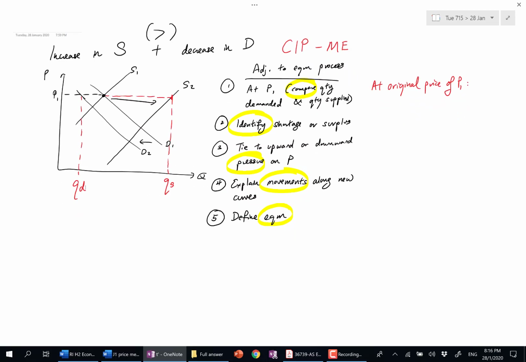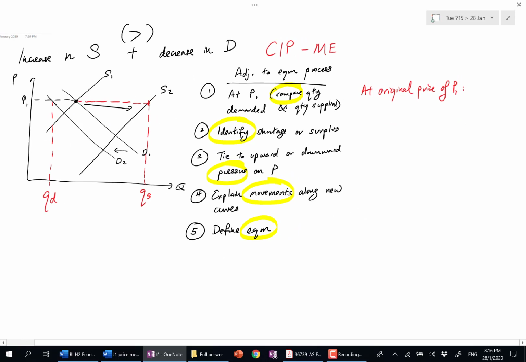If yours was not correct, then you just put another thing here. Compare quantity demanded and quantity supplied at the new curves. If you didn't label the correct one, always remember you're looking at what happened, old price versus new curves. So step 1 is always old price versus new curves. I put S in brackets because sometimes only one curve shifts.